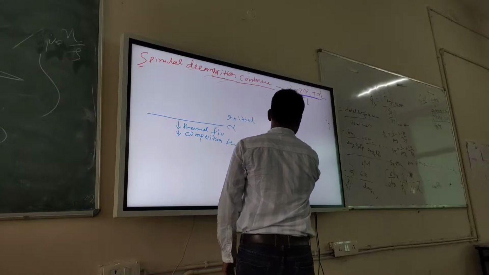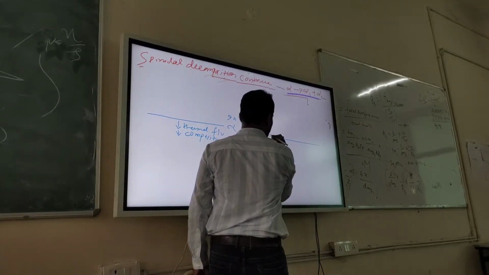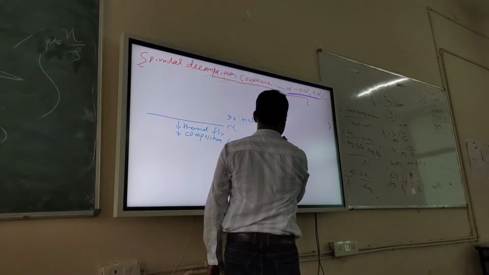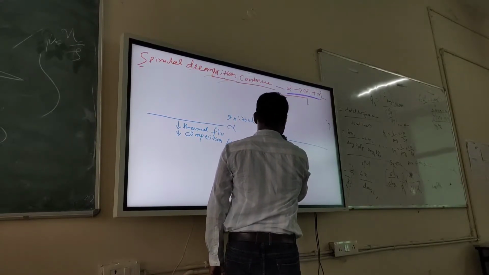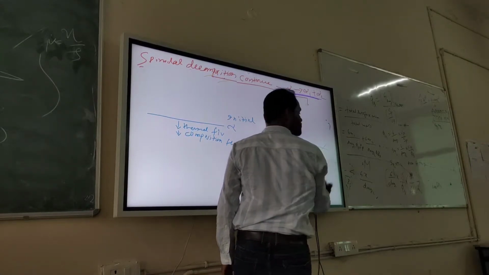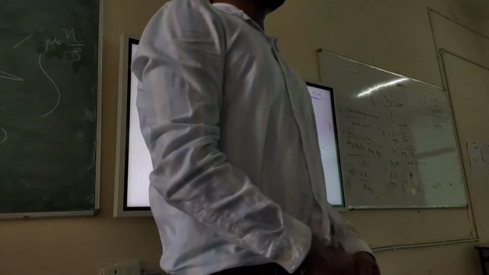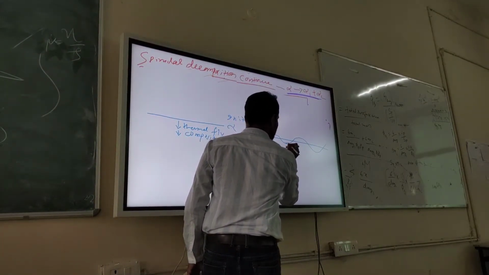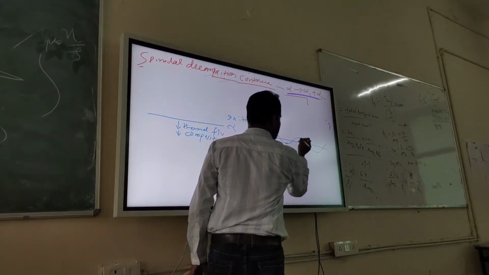This is the initial. So due to this, you can see what happens. There is a slight change in composition. You understood now? There is a change in composition now. These are the change in composition points.